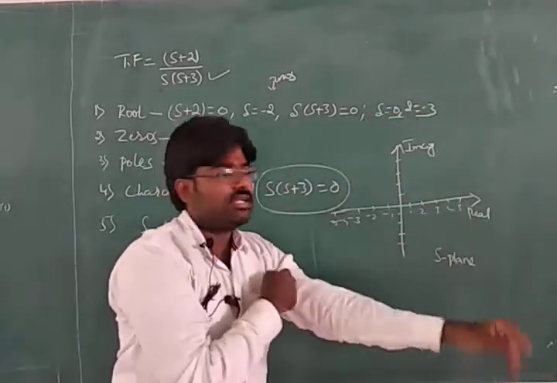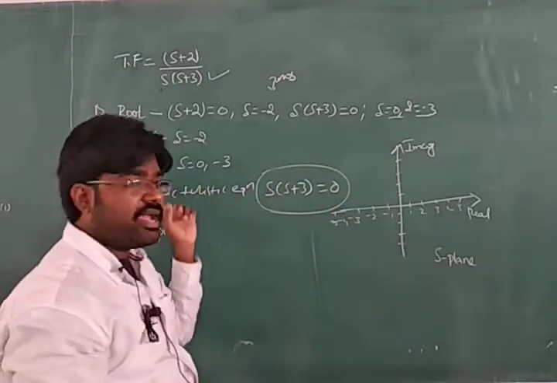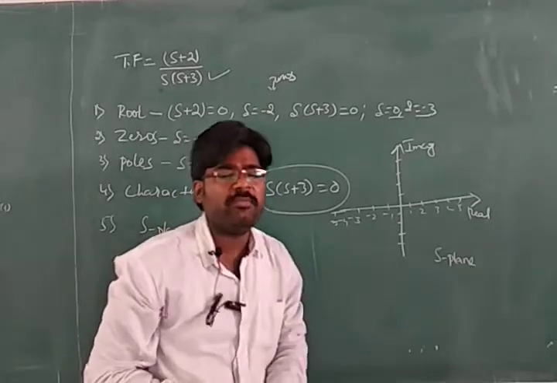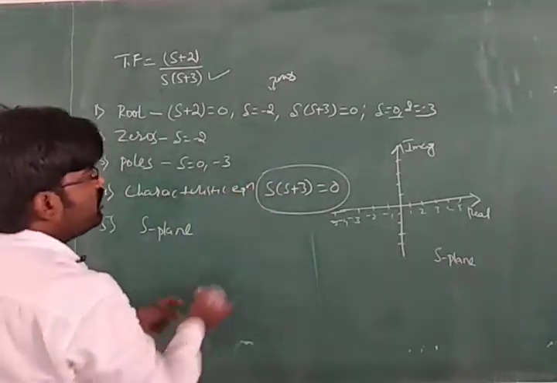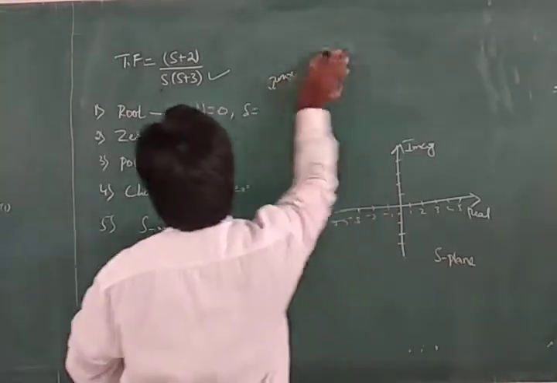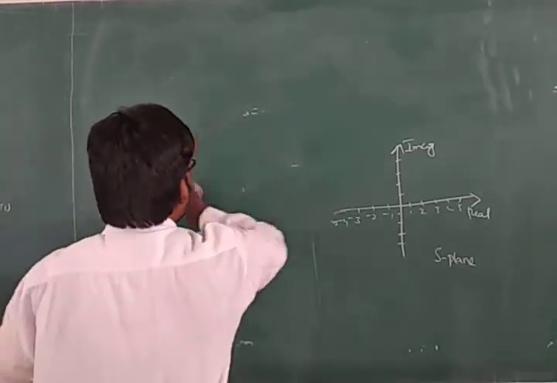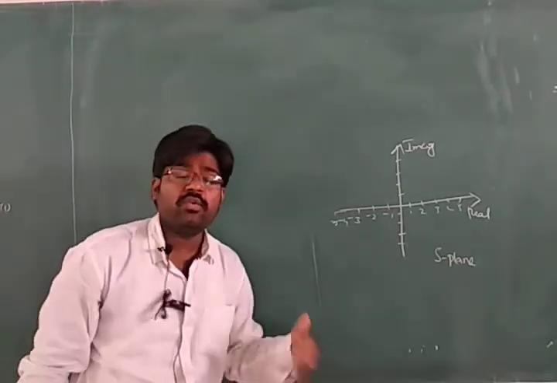Now, this was about the S-plane. How to represent poles and zeros on the S-plane, we will see with the help of one small example. This is a very important concept from the point of view of future units.